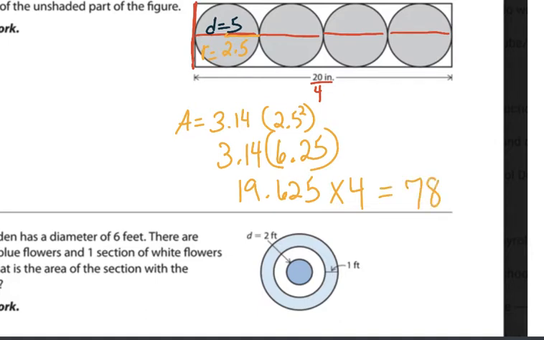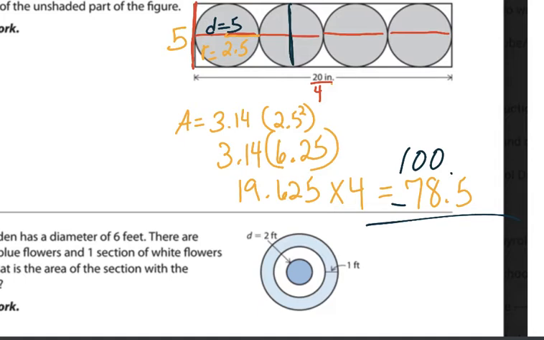I need to multiply that by 4 to get the area of all 4 circles. That gave me 78.5. Now, I'm not finished because I need to find the area of the big rectangle, which is a 5 by 20, because remember, the diameter would be that way also. So I would do 20 times 5, which is 100, and I would take 100 away from the area of the circles, which was 78.5.